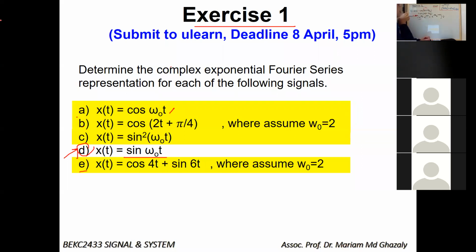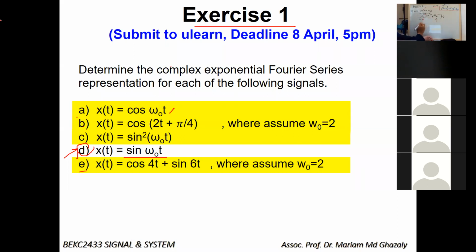What you need to do is just expand it, cos(omega t + pi/4), using the Euler identity. So you have e^(j pi/4) times e^(j omega t) plus e^(-j pi/4) times e^(-j omega t), times 1/2, which is from the Euler identity for cos.